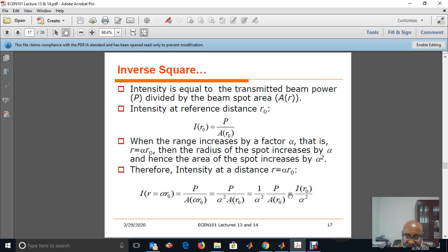If we say this P over the area at a distance R naught equals the intensity at a distance R naught, then the intensity at alpha times R naught is equal to the intensity at the reference distance divided by alpha square. See, inversely proportional to distance square.